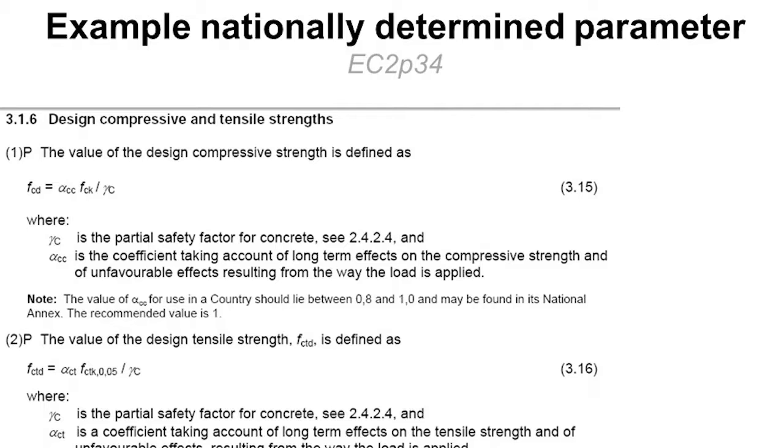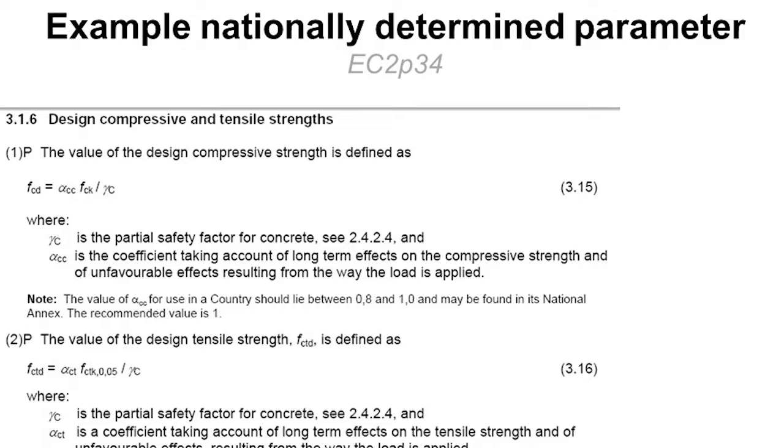If we were going to work with this formula, this is the design strength. The design strength of the concrete is the actual strength of the concrete, times this alpha cc, divided by gamma c, and then you've got a bit of a description.